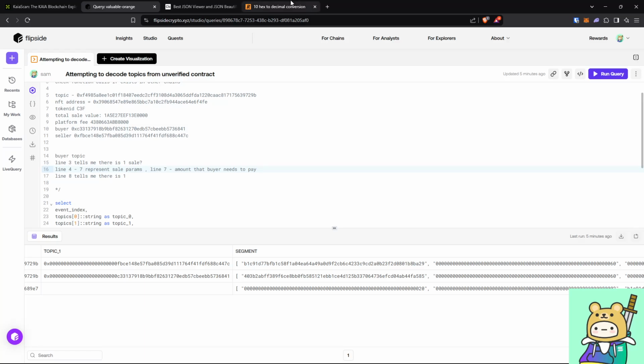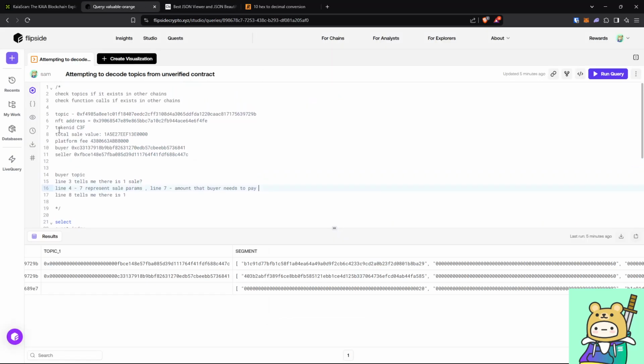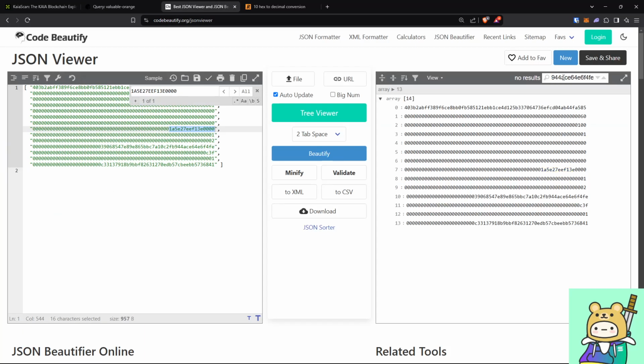And then line 8 tells us there's 1. And then lines 9 to 13 should be, I don't know what this is, but let's look at other stuff we have, right? We have NFT address. Okay, so NFT address appears on line 10, and line 10 is like the next part of the offset.